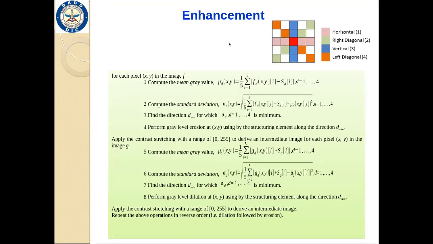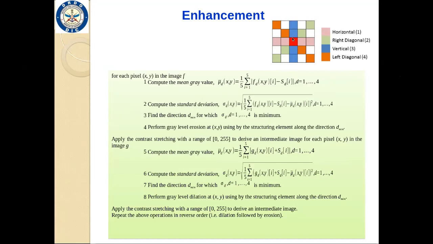Now, the enhancement technique. This is a 5x5 block. In that 5x5 block, I have different directions. This is my candidate pixel. This particular color is horizontal, this is vertical, this is right diagonal, and this is left diagonal. This is a window-based operation.